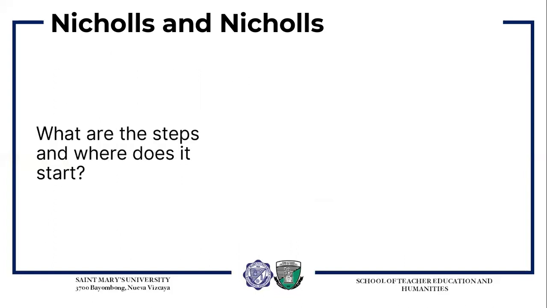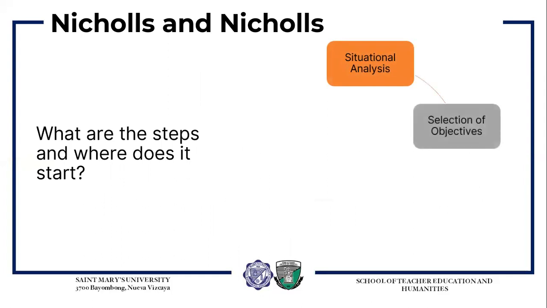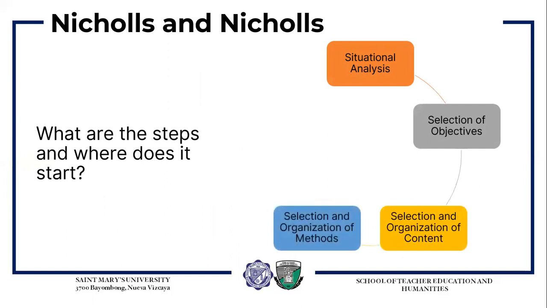So what are the steps and where does it start? Again, it starts with situational analysis, and then we have selection of objectives. We have selection and organization of content. We have selection and organization of methods, and we have evaluation. If we try to look at it, the steps are similar with the steps of Ralph Tyler and Hilda Taba.